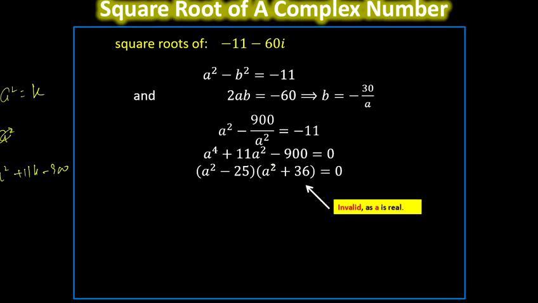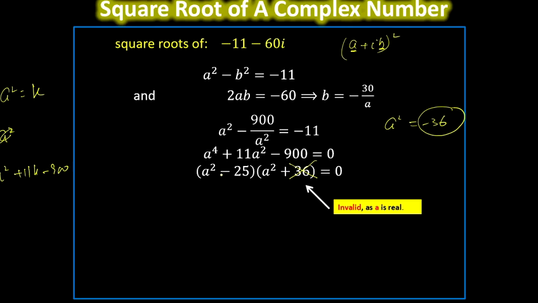Now if I equate a square equal to negative 36, it means I am getting an imaginary number. And in my assumption, both a and just b, not iota b, a and b both are real. And here if I am getting a imaginary, I just reject this option.